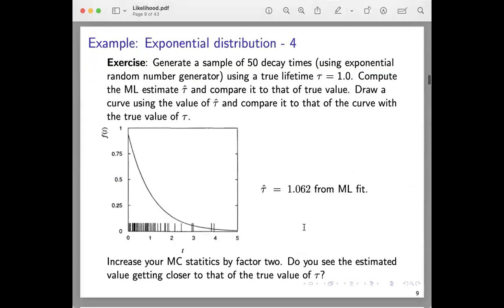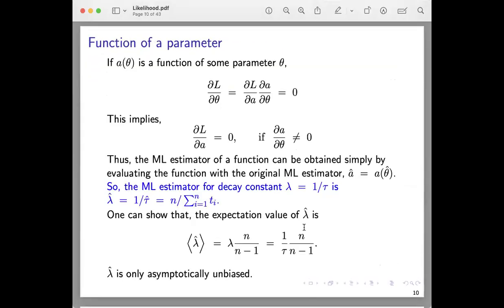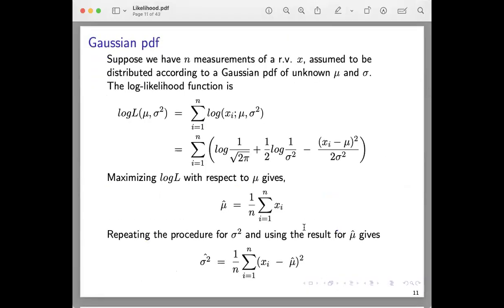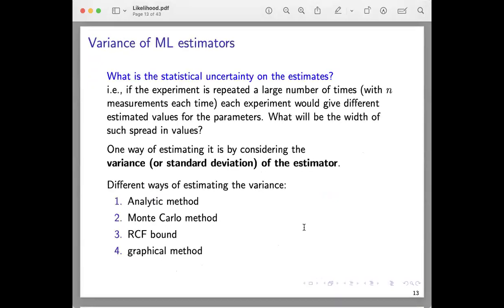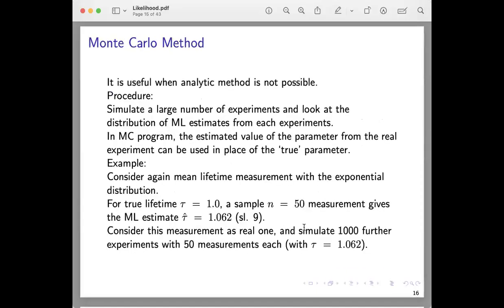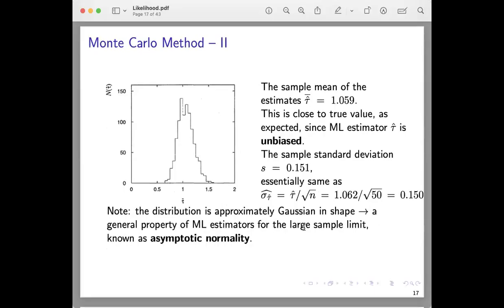And what was the sigma here? Yeah, sigma was, I think, around 0.1.